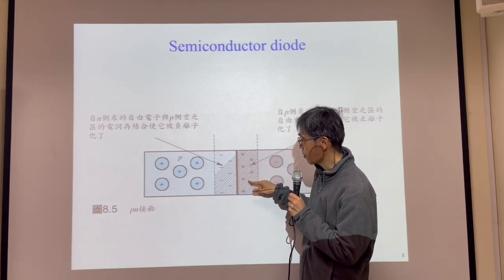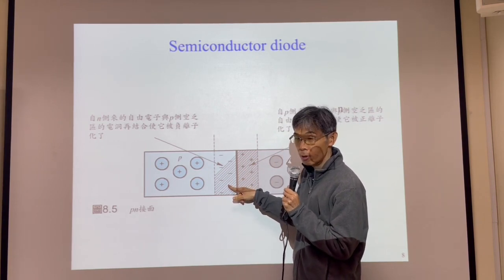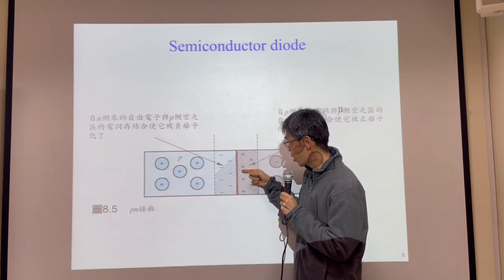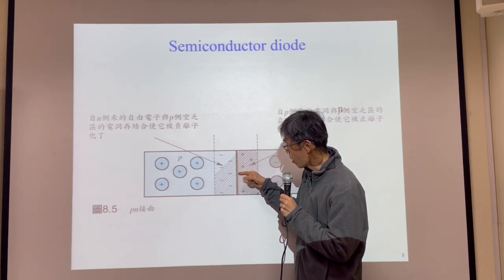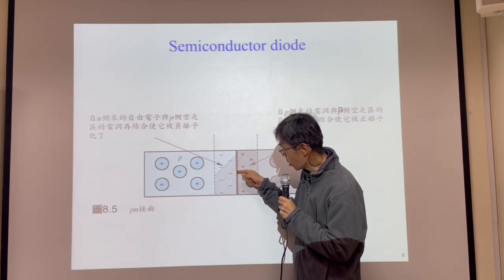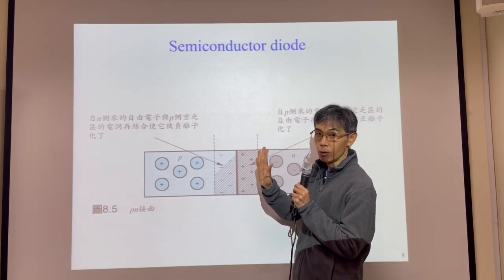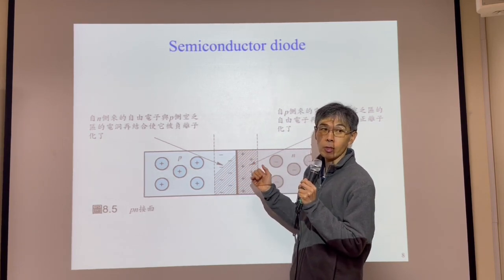This area becomes more positive, and this area becomes more negative. Eventually, no more electrons can move this way, because although electrons are attracted by this positive charge, the negative charge here says, don't come here anymore. So eventually we reach an equilibrium state.